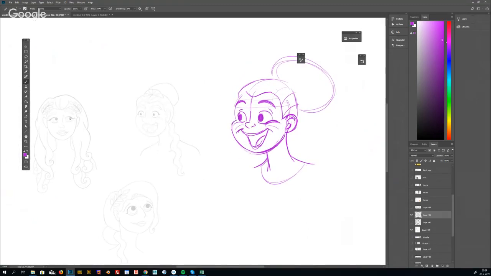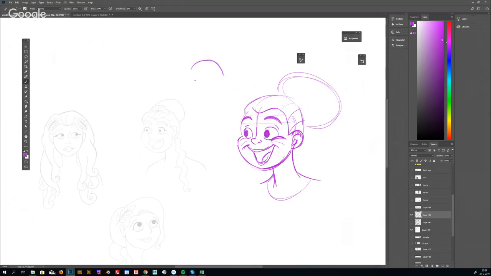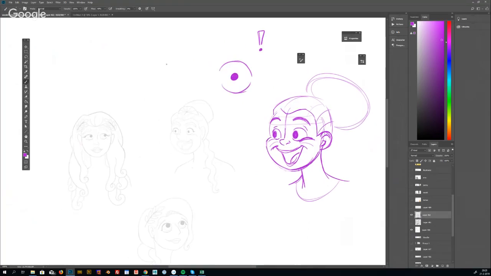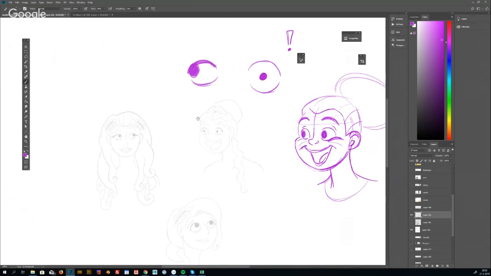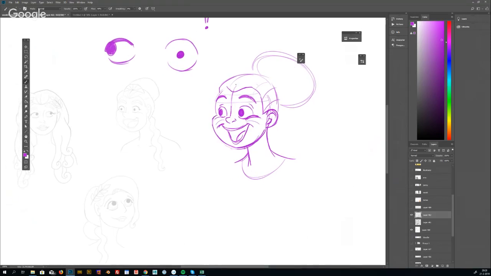Here you have these bigger pupils and they're touching the side of the eyes. So that gives a better, here for example, let me show. So if you draw an eye like this, then it's really like, oh, watch out. But if you then draw an eye like this, it feels a bit more relaxed, so that you cut off one side. So that helps a bit more, making it less extreme.